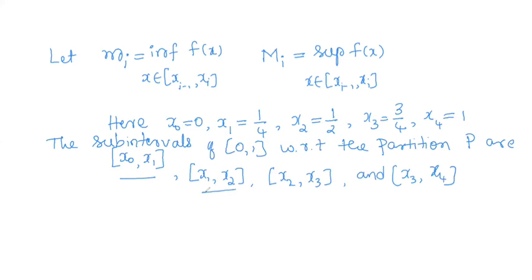So with respect to each of these closed intervals, I have to calculate capital Mi and small mi. So here i runs for 4 values, 1, 2, 3, 4.